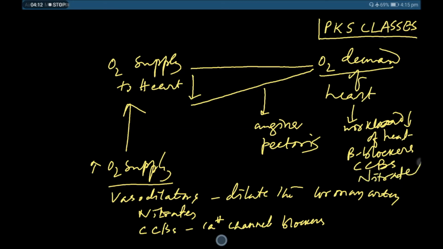They can decrease the workload of the heart and the oxygen demand, and in this way all these drugs we can use in case of angina.